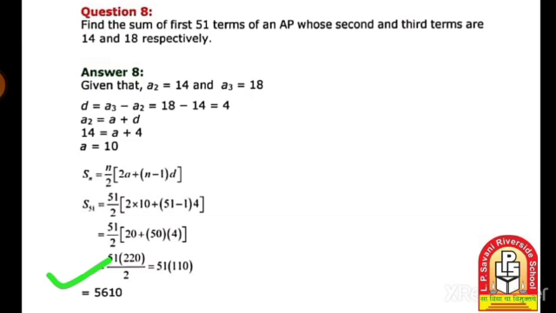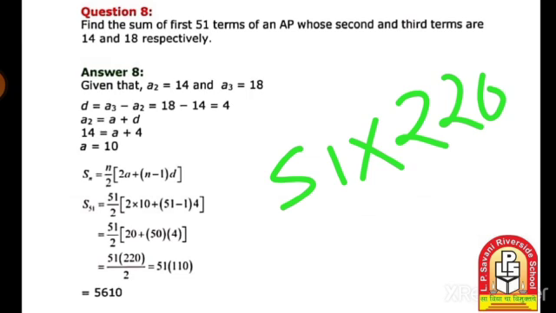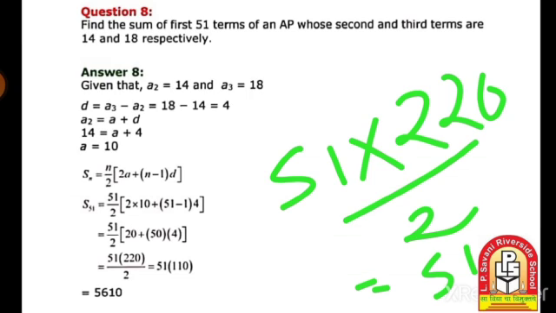Next, 51 multiplied by 220 divided by 2 gives us 51 into 110. So 5610 is our final answer.